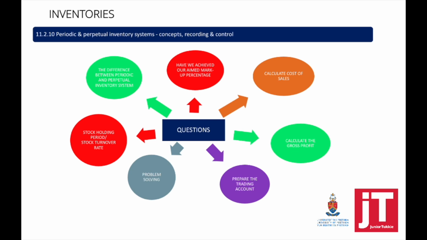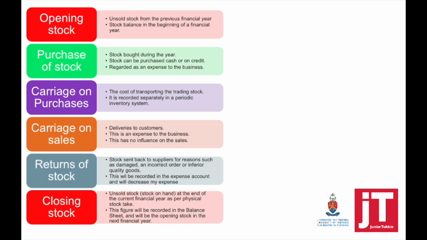Calculate the stock holding period, the stock turnover rate, and how we have achieved our end markup. So looking at these, we're looking at financial indicators. What is the difference between a periodic and a perpetual inventory system? These are just an idea of the types of questions that you can expect when we're looking at inventories.